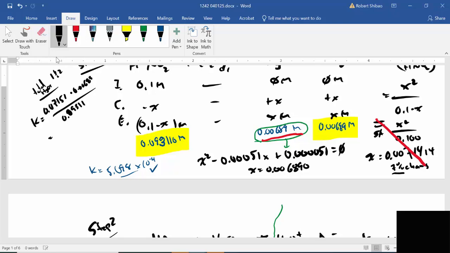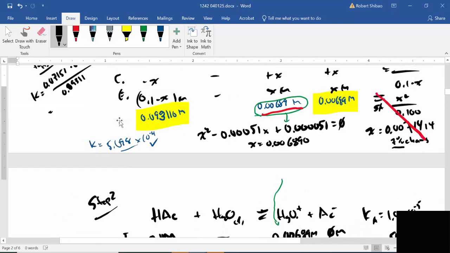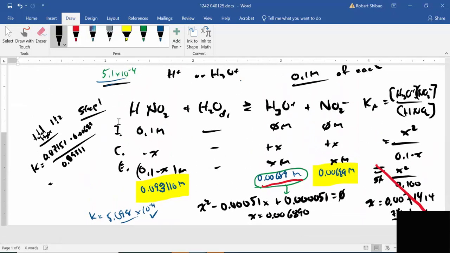What does that do to our K value? Is it 5.1 or 4.1? Sorry, 4.1. Mistake. We'll use the one from the quadratic, or you could use the one from the simplifying assumption too.